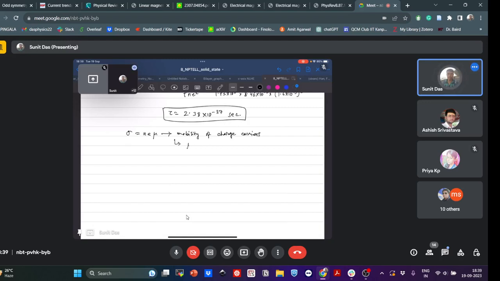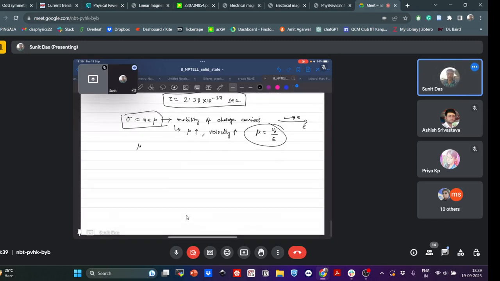If mobility is high, then the velocity of electrons is also high. The formal definition of mu is Vd by electric field. If we apply an electric field of amount E, how much is the drift velocity of electrons? This is the actual formula of mobility, and it also comes in the conductivity relation.